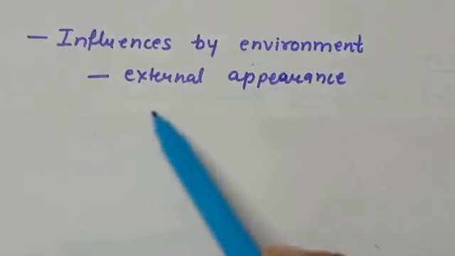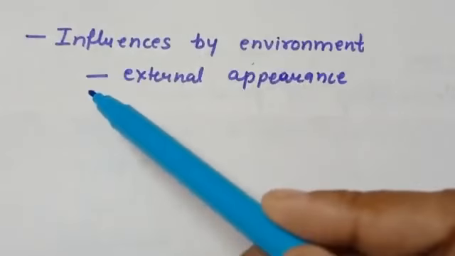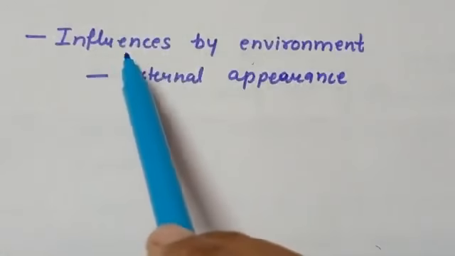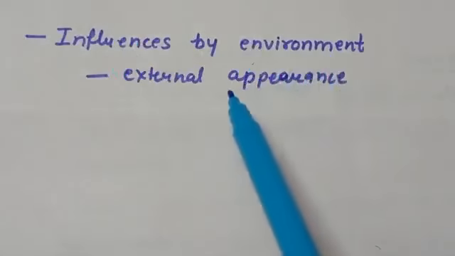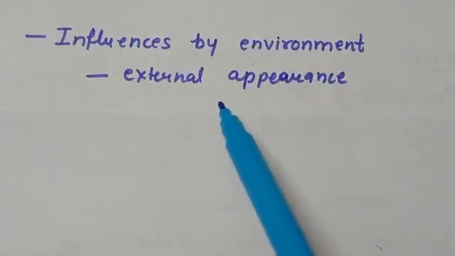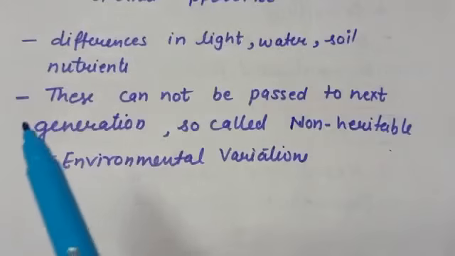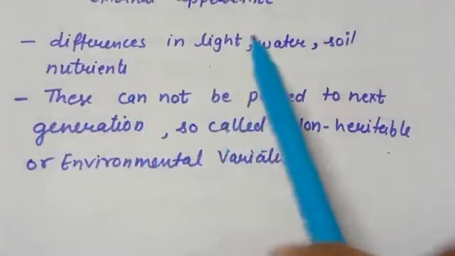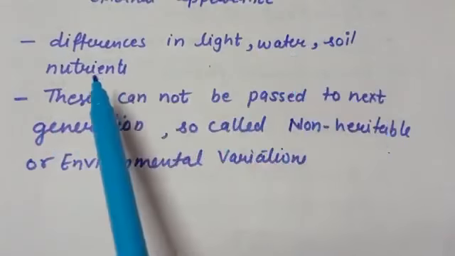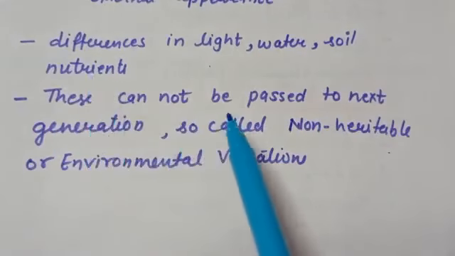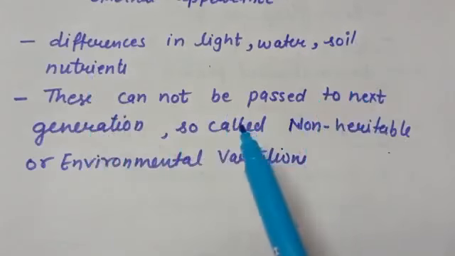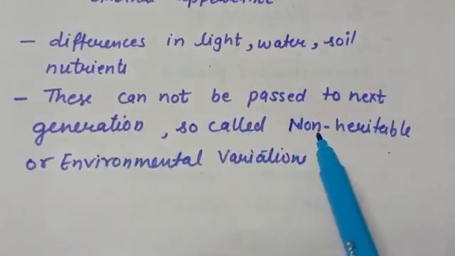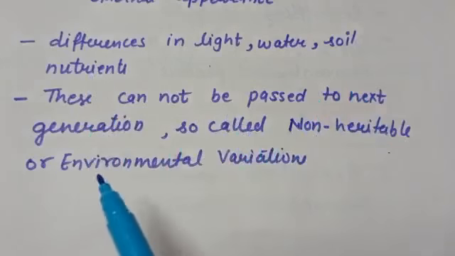Second is non-heritable or environmental variation. These are the influences by the environment or external appearance changes. These environmental variations come because of the differences in light, water, soil, and nutrients. These cannot be passed to the next generation. So that is why they are also called non-heritable or environmental variations.